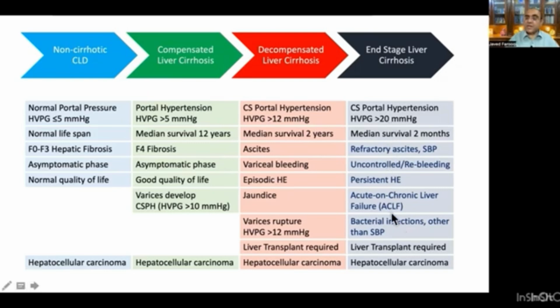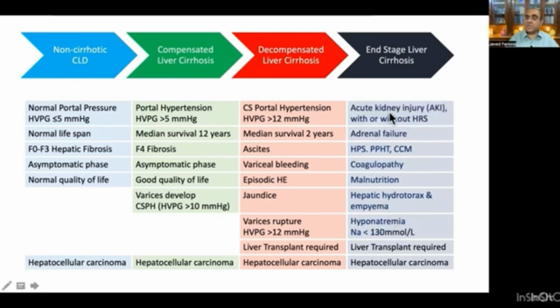Not only these complications, there may be other complications in end-stage liver disease as well. And what are those? Acute kidney injury, AKI, with or without HRS, adrenal failure, hepatopulmonary syndrome, portopulmonary hypertension, and cirrhotic cardiomyopathy.